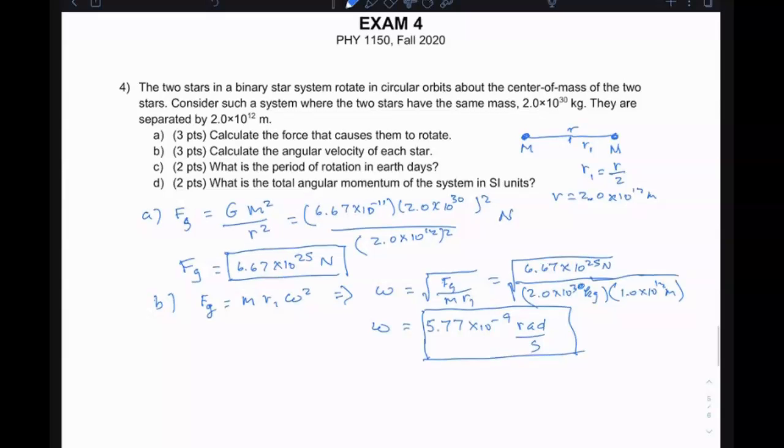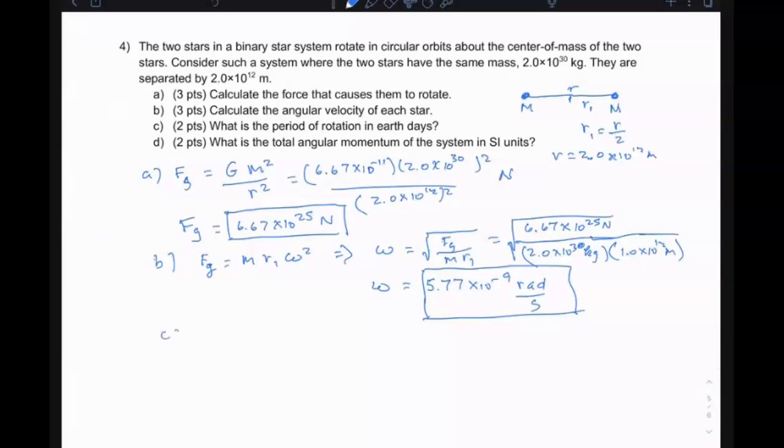In part C, we're asked to find the period. Well, if we know what the angular velocity is, we know that the period is equal to 2 pi over the angular velocity. We know this because the angular velocity, that is, the rate of change in angle, is equal to the angle of a complete revolution, which is 2 pi radians, over the time for a complete revolution, which is the period.